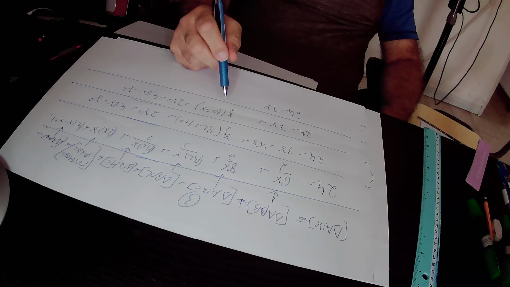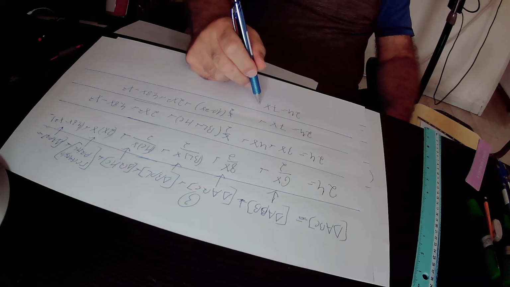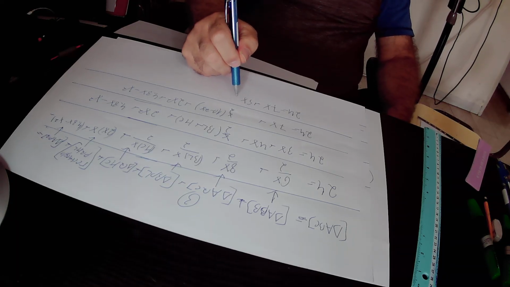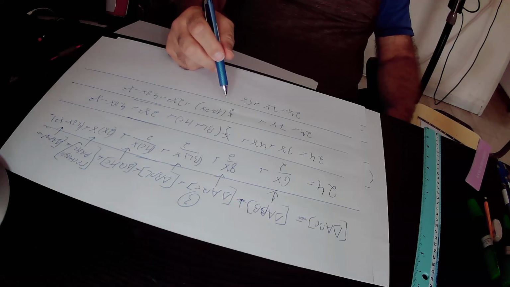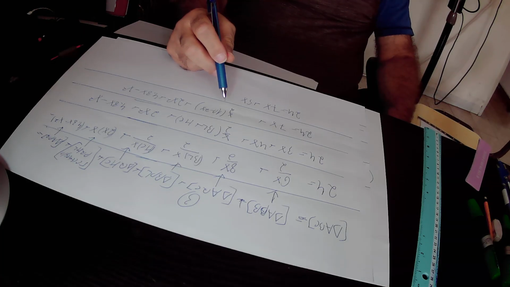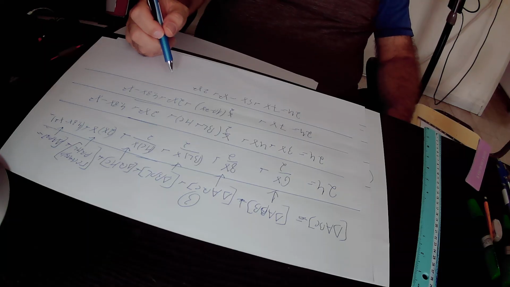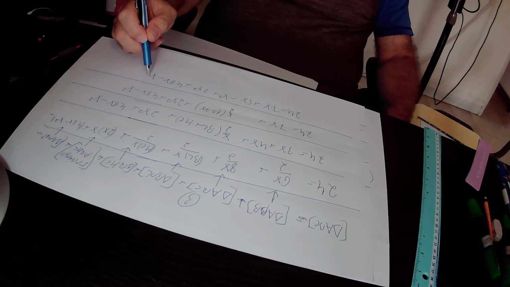Here we have x over 2 times 10. 10 over 2 is 5, so this expression equals 5x. And we have here x over 2 times minus 2x. Minus 2 over 2 is minus 1, so we have x times minus x, that is minus x squared, plus 2x squared, plus 4.8x, minus x squared.